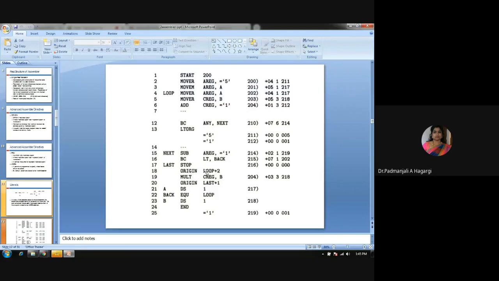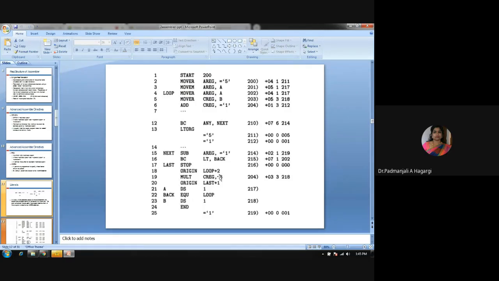Plus 2 indicates after the 2. This ORIGIN gives the information for the location counter, what would be the next location counter. So LOOP is at 202, plus 2 indicates incrementing the location counter by 2, so 203 and 204.